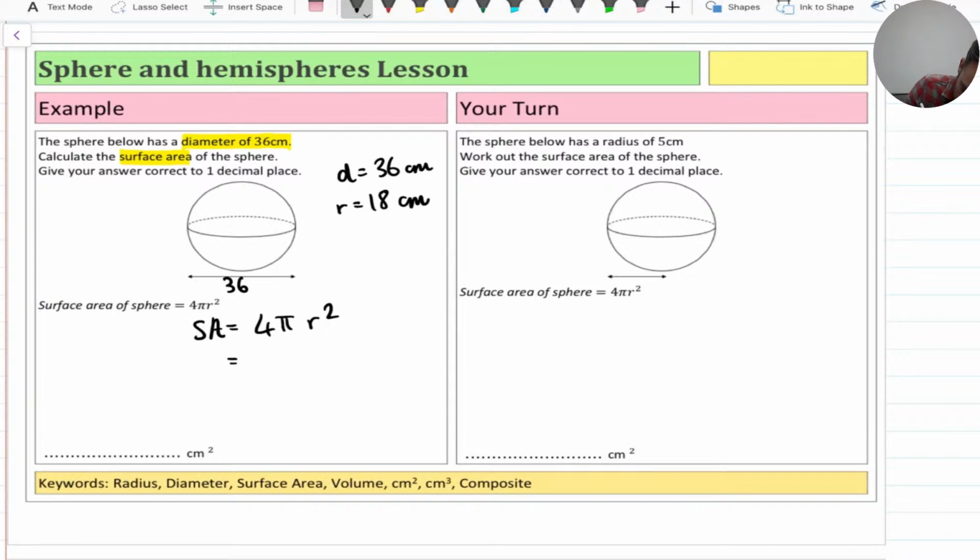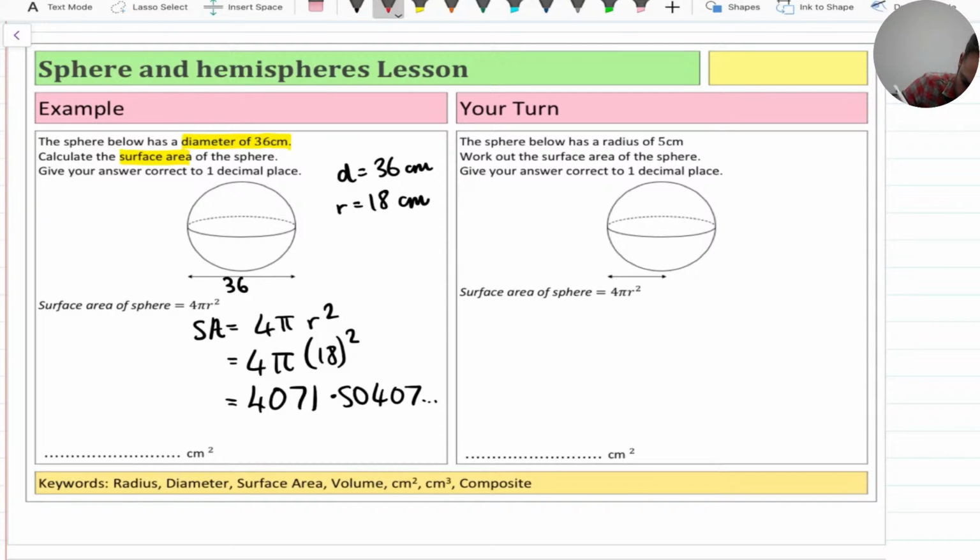So this is equal to 4 times pi times 18 squared, which is equal to 18 squared times 4 times pi, which is in this case equal to 4,071.50407, continuing on.